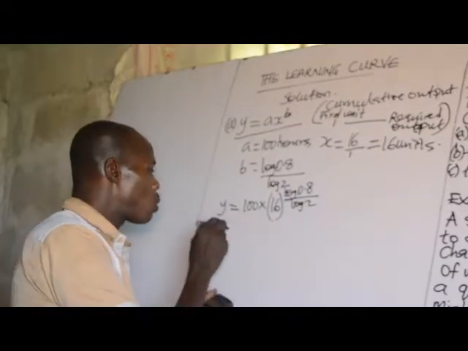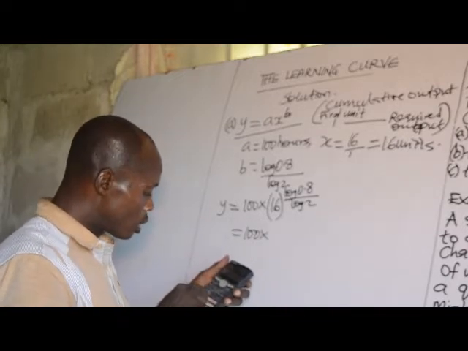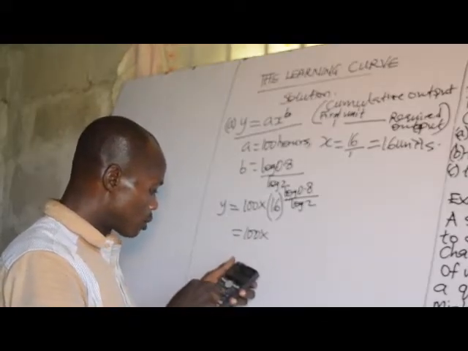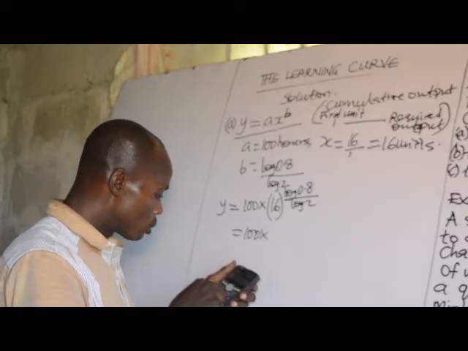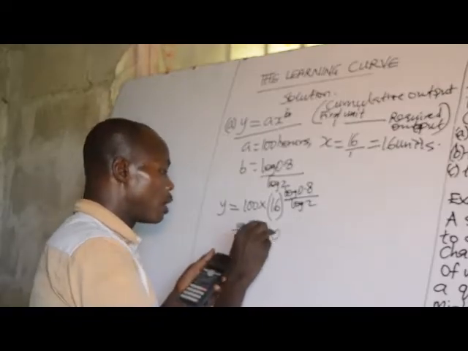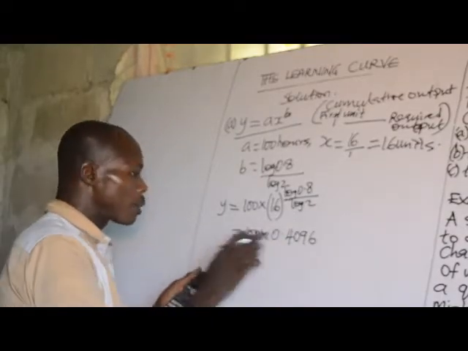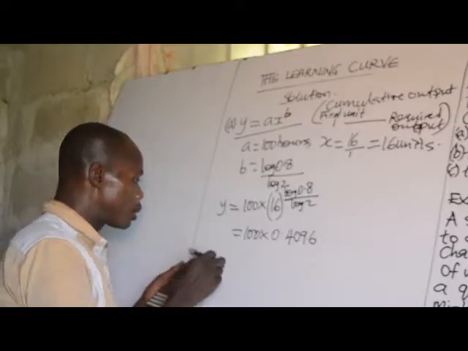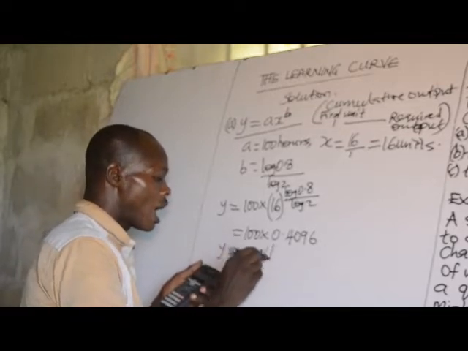Now we have 100 times 16 raised to power log of 0.8 divided by log 2. This will give us 0.4096. If you multiply that by 100, then you have 40.96. So y equals 40.96 hours.